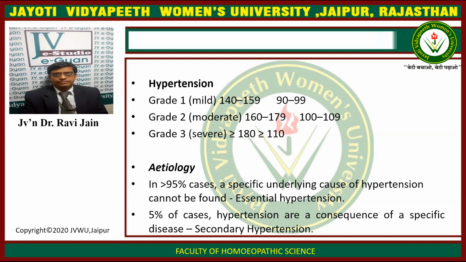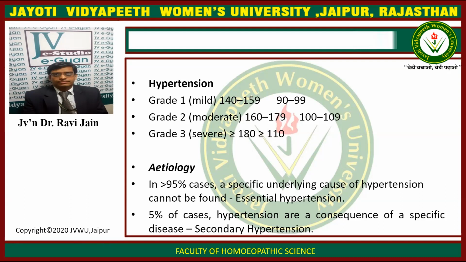Grade 3, that is very severe hypertension, is where the systolic is greater than 180 mm of Hg, and the diastolic blood pressure is greater than 110 mm of Hg. So these are the normal and abnormal ranges when hypertension is called, and the different grades: grade 1, 2, and 3.